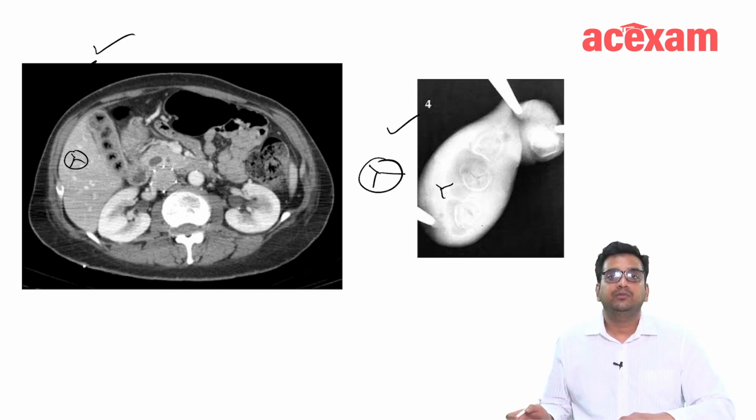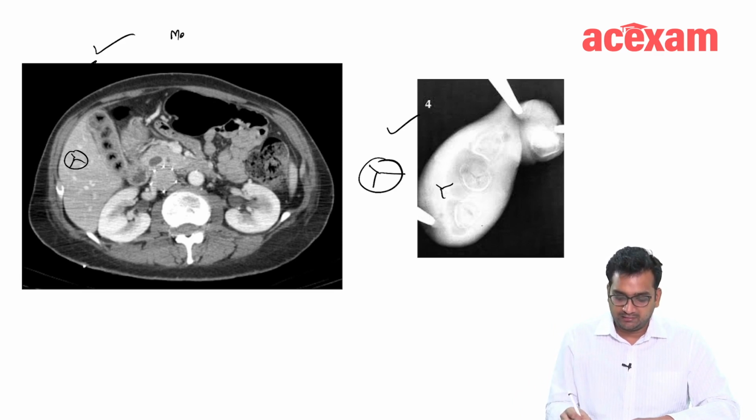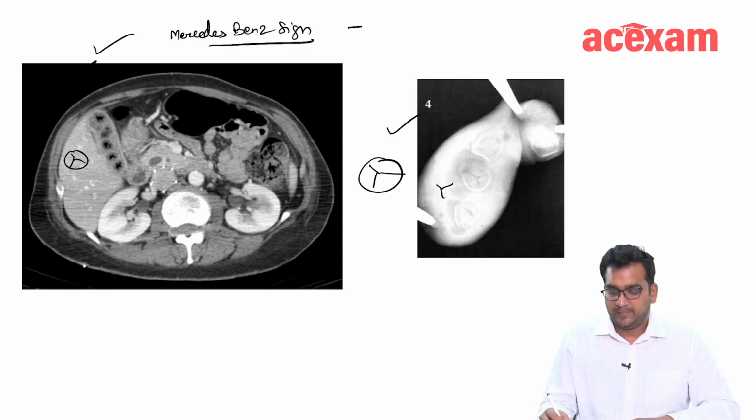So in gallbladder stones, we can identify this Mercedes-Benz sign, which is a sign of a triradiate fissure.